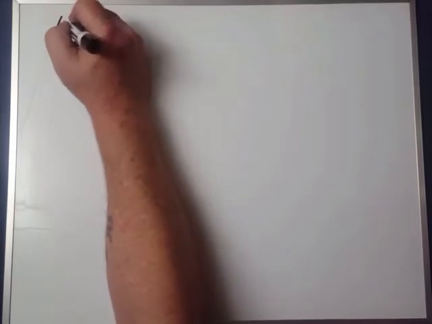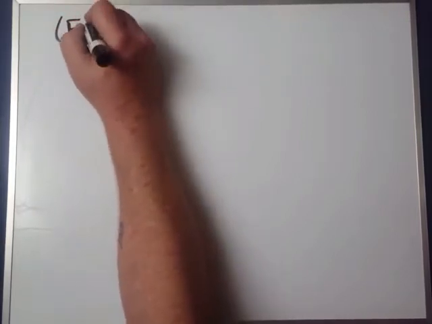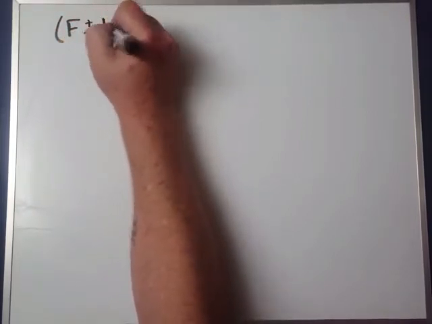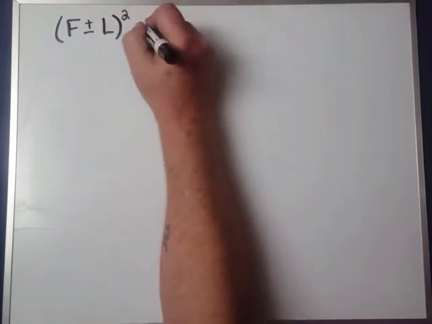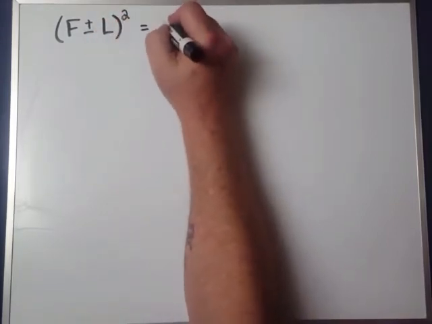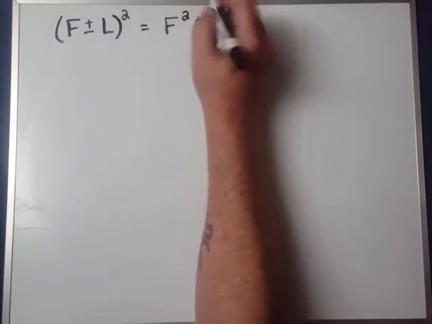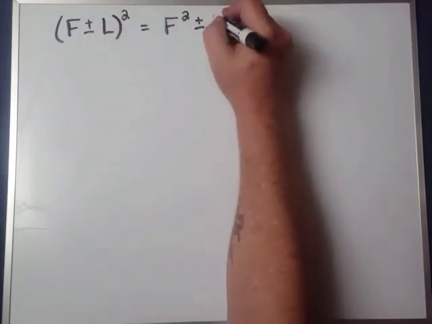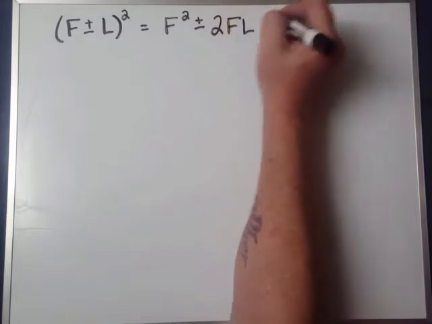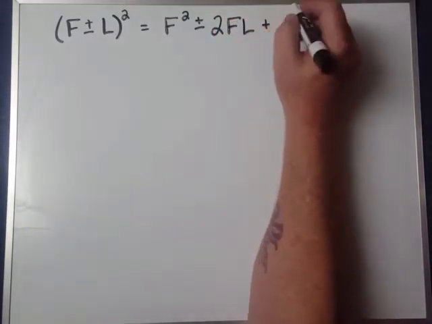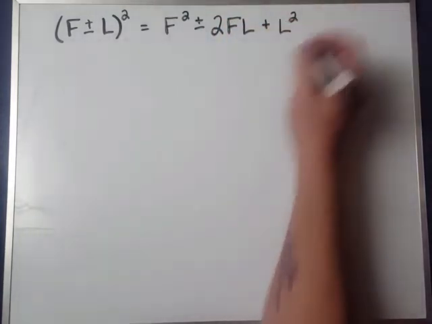All right. Let's repeat this rule here at the top of the board. If I square a binomial, it will be the first squared and either plus or minus, depending on the sign of the problem, double the first times the last, and always plus the last squared.